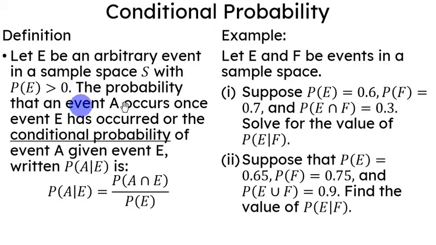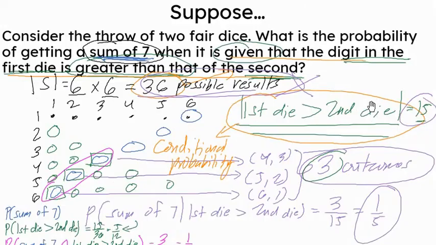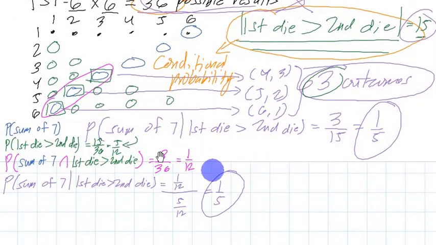The probability that an event A occurs once event E has occurred, or the conditional probability of event A given E, written in this notation, is the probability of A given E would be equal to the probability of A and E divided by the probability of E. As we illustrated a while ago, the conditional probability that we got is the probability of the intersection of the two events, the condition and the event A that we want, out of the probability of the condition that happened already.